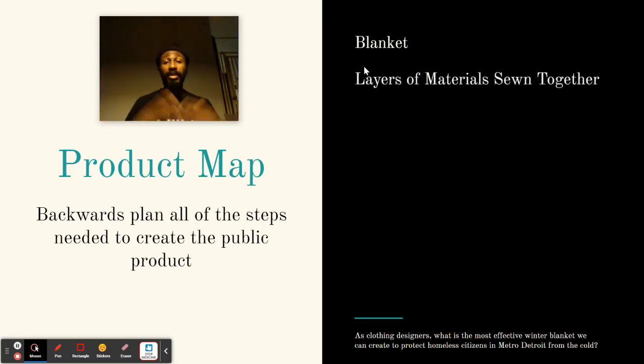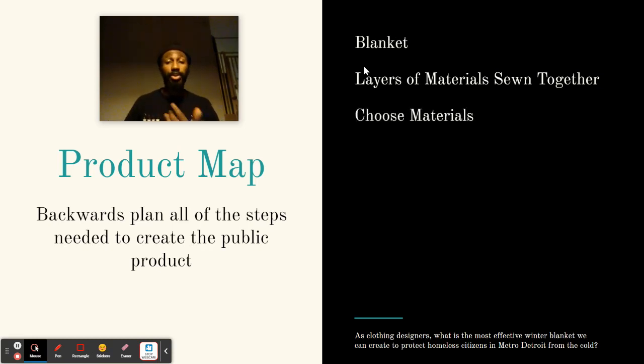A blanket is layers of material sewn together. This might seem very elementary, but we need to know what is required to have the blanket. This means that my students will actually need to sew this blanket. So I know already I'm going to have to find time in my PBL unit for my students to sew.